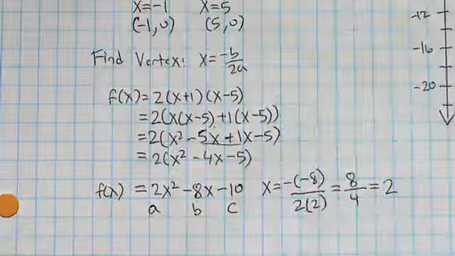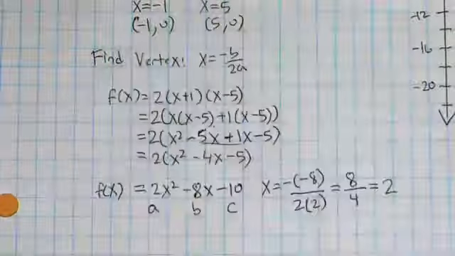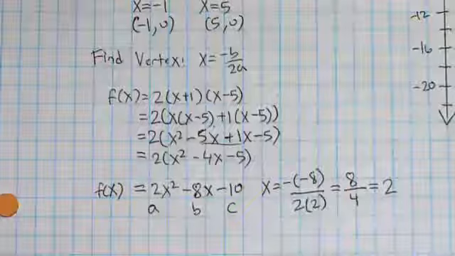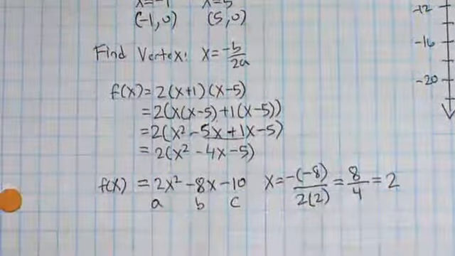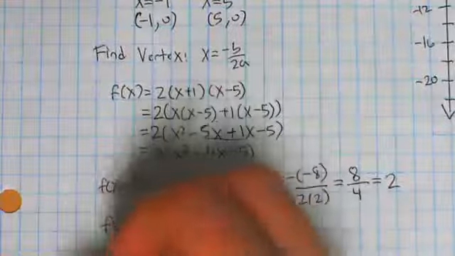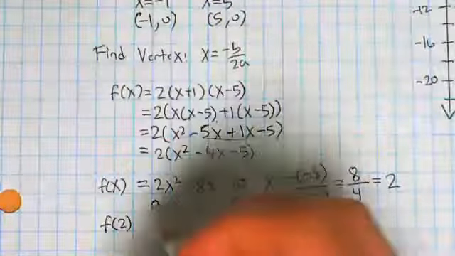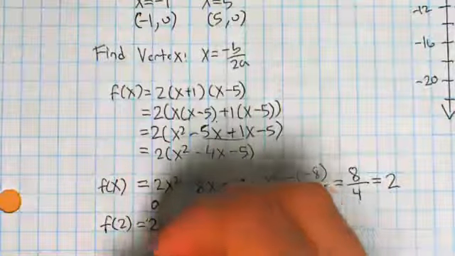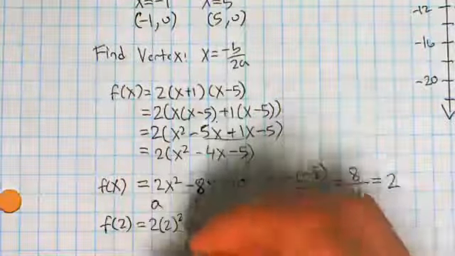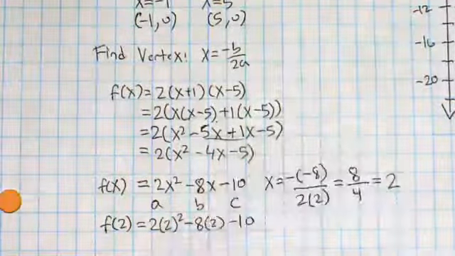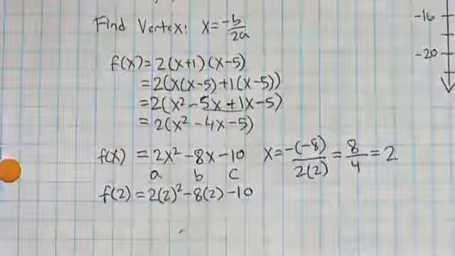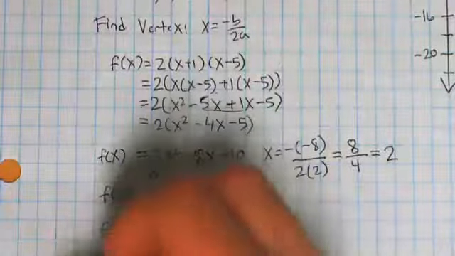But now we need to solve for the y value of our vertex. And I'm going to do that by plugging it into one of our equations. And I'm going to go ahead and plug it into this one because it's right there. So we have f of 2. That's because our x value is 2. And now I'm going to replace every one of my x's with that 2. All 2 of them. Okay, so our f of 2.